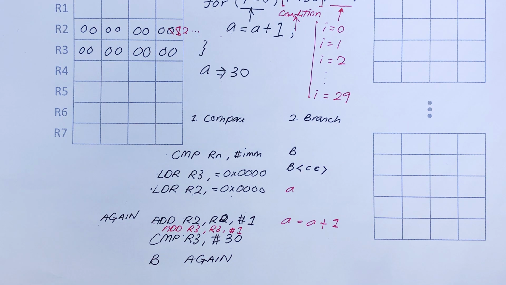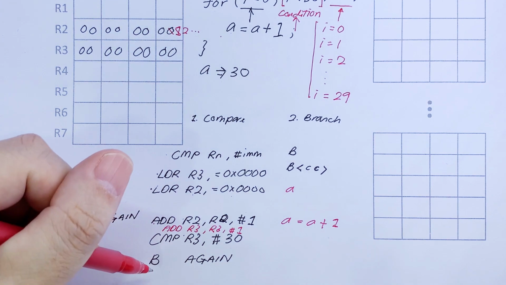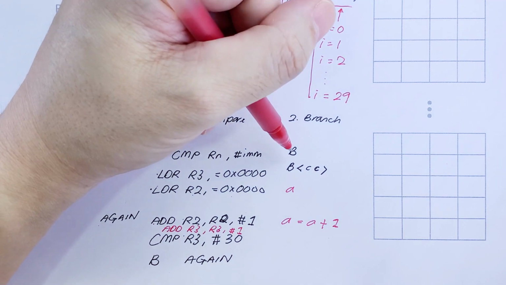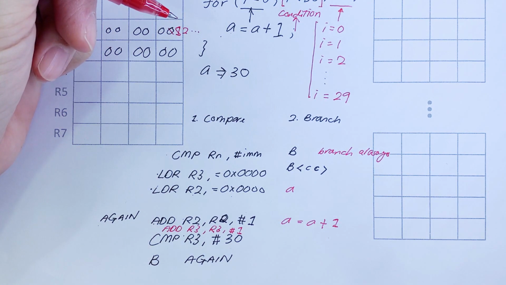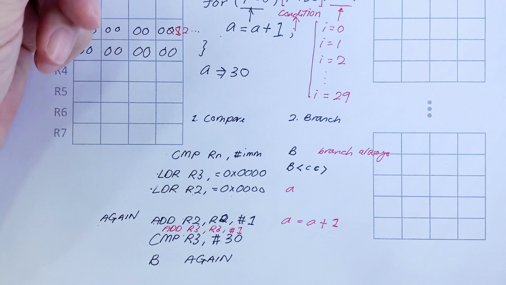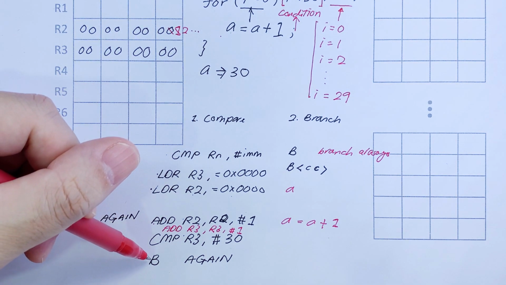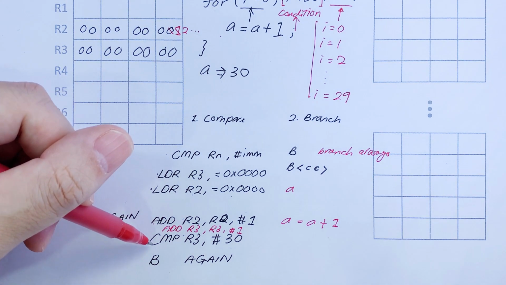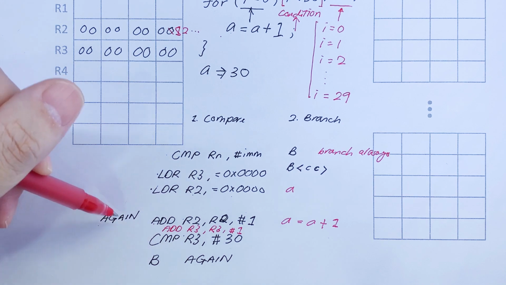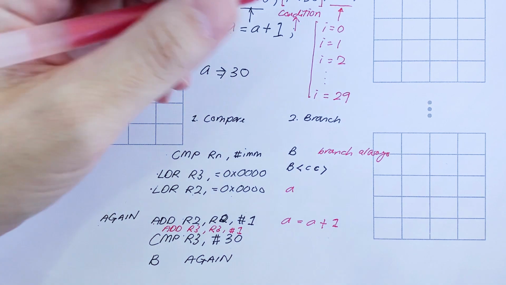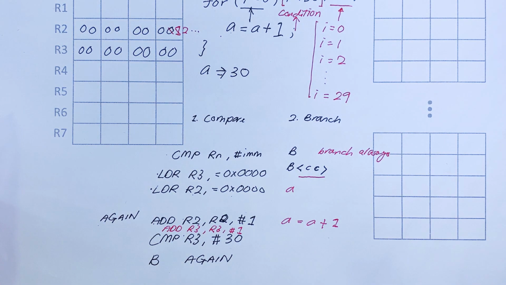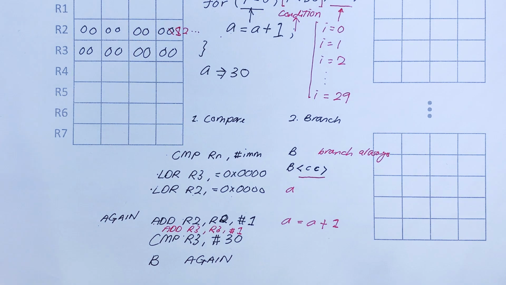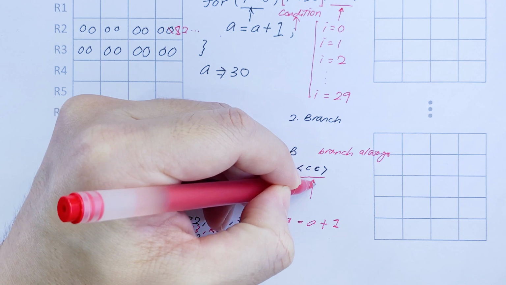And last, the thing we need to fix is the branch. If we use the branch as B alone, it basically means branch always. So whenever your processor finds the B inside your program, it will jump no matter what condition. So we can put a condition after the B instruction, or the opcode, to jump based on the condition that we are given.